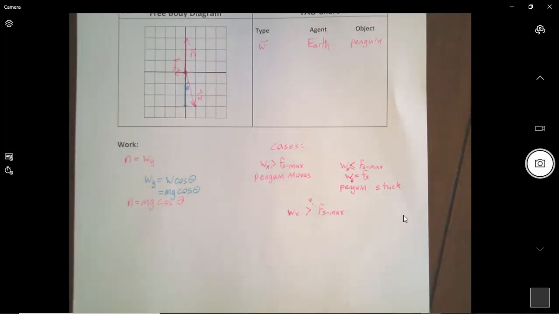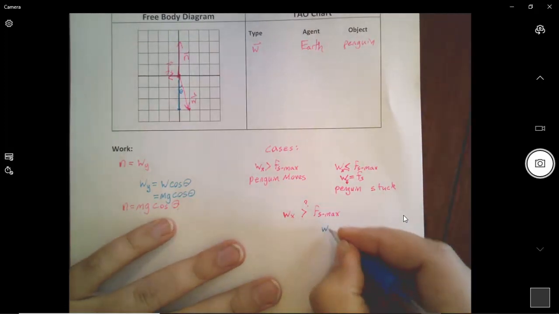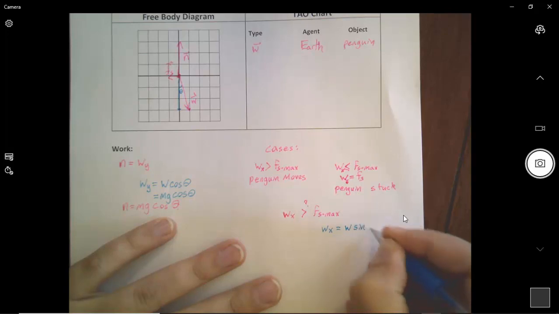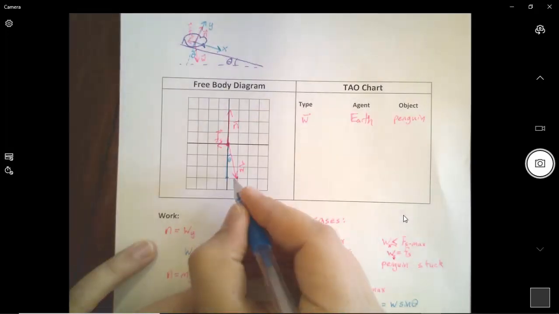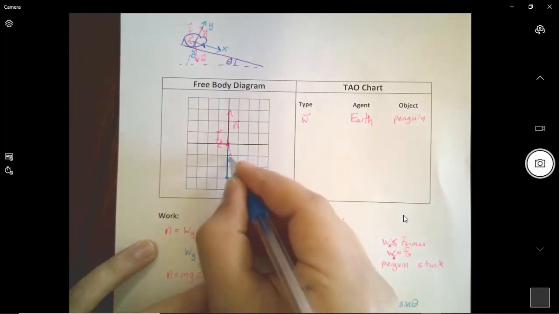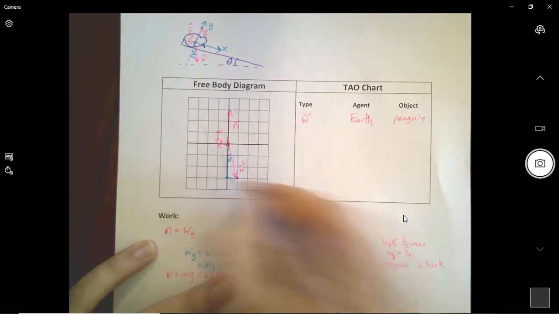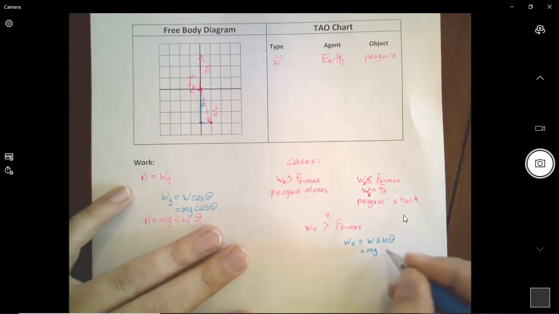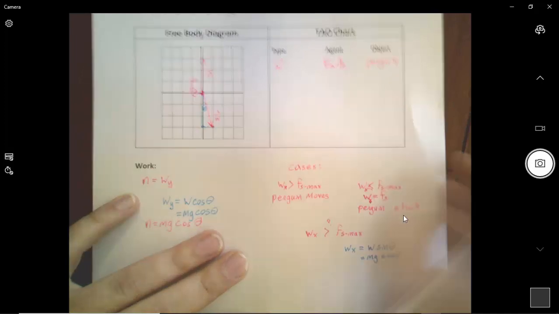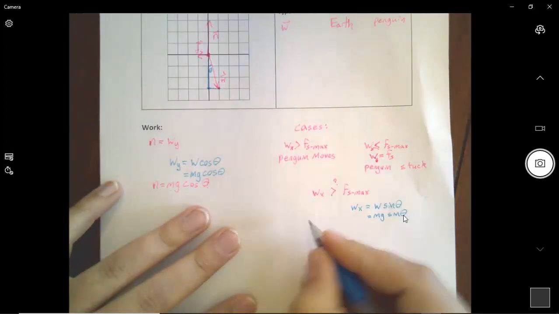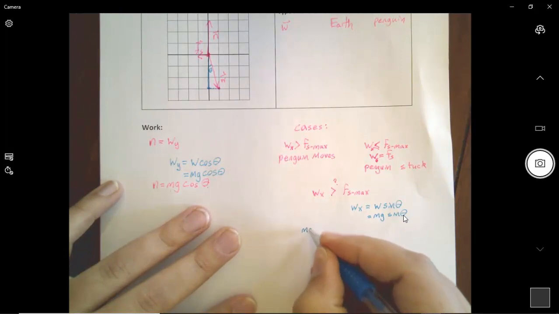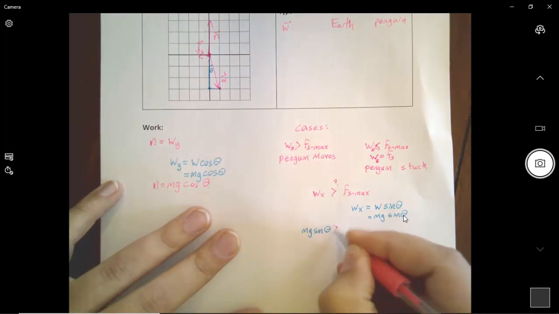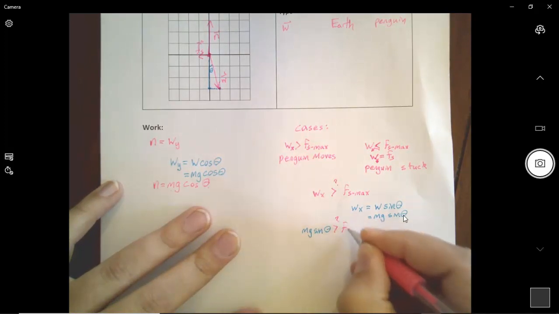Again from the other video, we know that Wx is equal to W sine theta. Remember, if we look at this, this is the Wx, it's on the opposite side of the angle, so that's the sine. And W is equal to mg, so Wx is mg sine theta. So on the left-hand side, we have mg sine theta, and we're trying to find out if that is greater than Fs max.